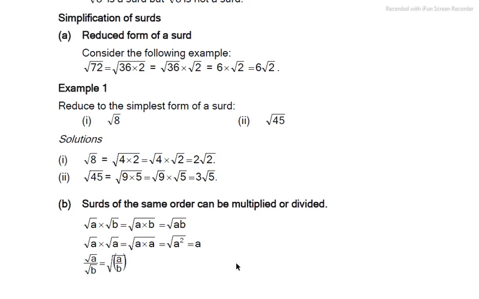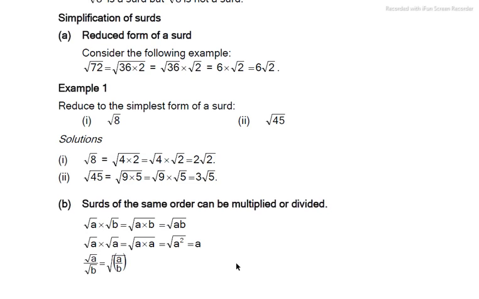So that gives us 6 times root 2, which is 6 root 2. Hope I'm clear on this. When we are simplifying a root, we get two factors, but one of them must be a square number.